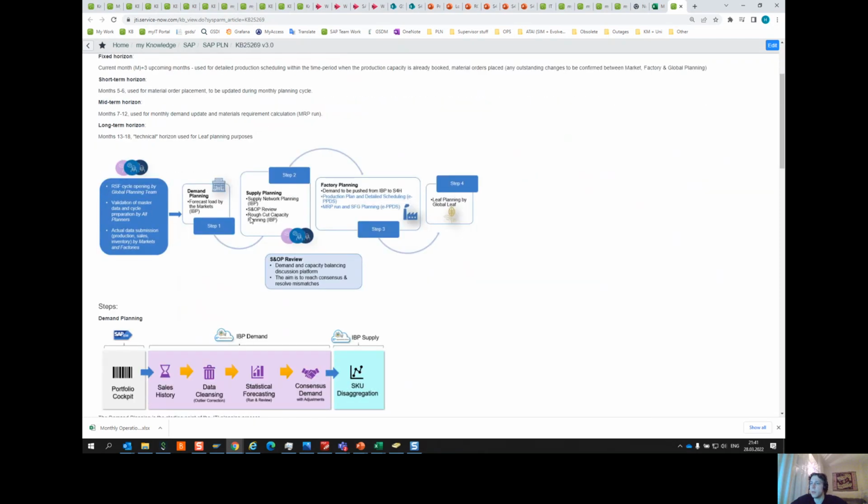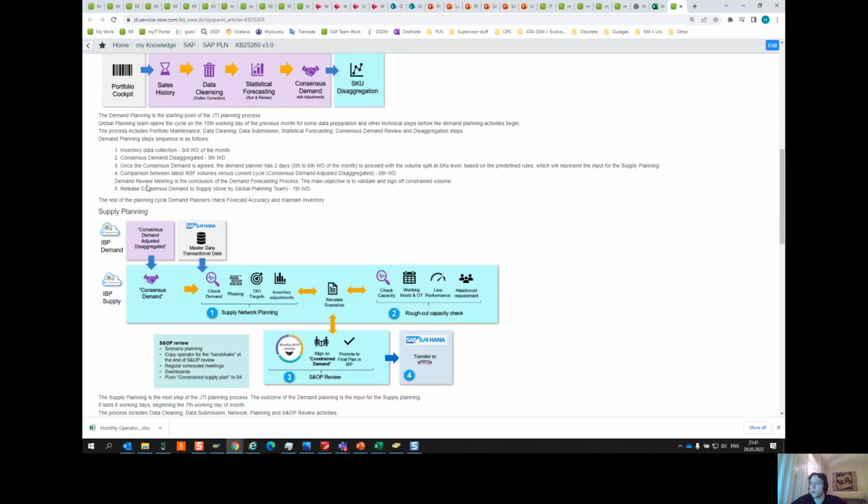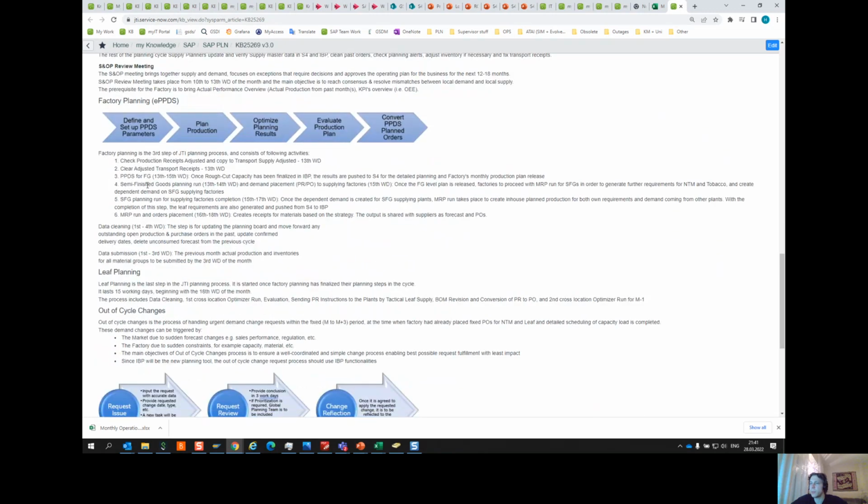However, I can say that here we have all steps of the planning process described in a brief way, because planning is an extremely deep, difficult, sophisticated process. So we really can't cover all the nuances of the business process during our training.